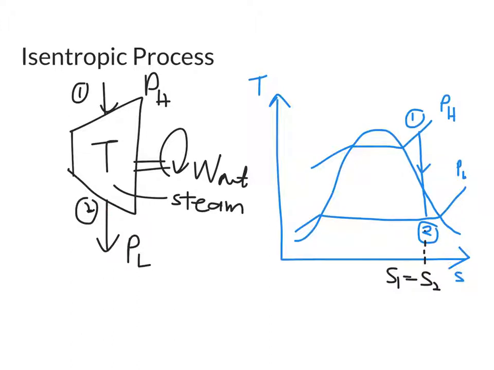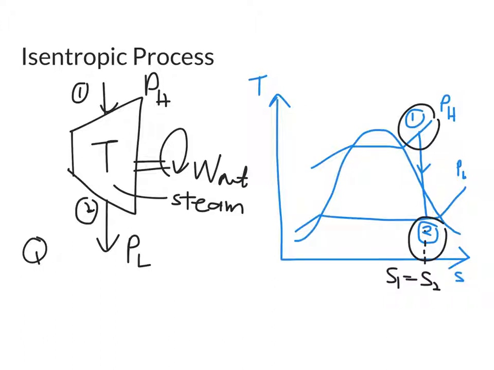So you are not going to produce any heat due to friction, and therefore your value of S inlet and S outlet is going to be the same.